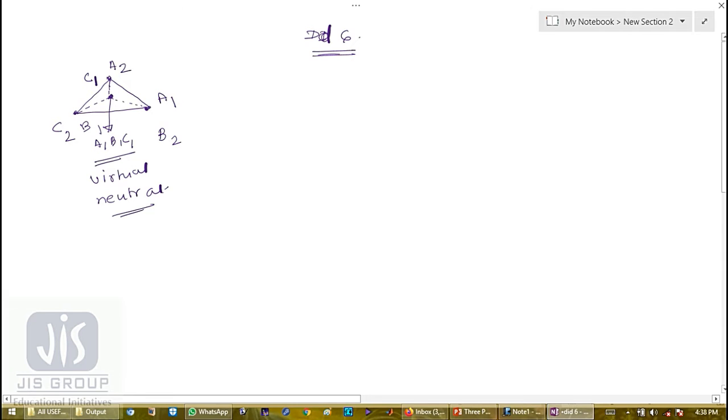So let me draw the winding diagram of the primary side first. So this is one winding, this is another winding, and this is the third winding.